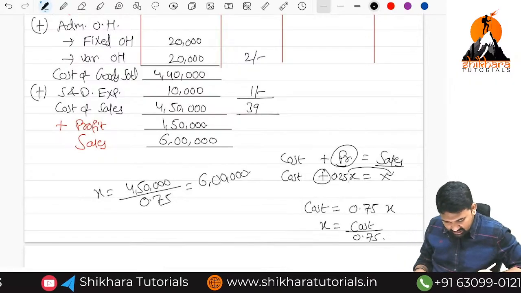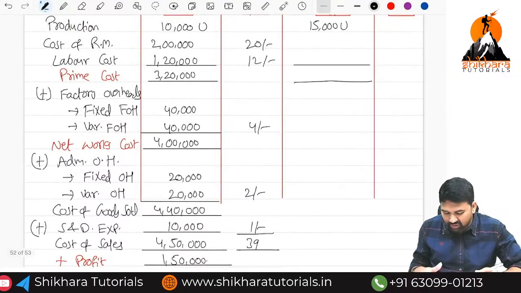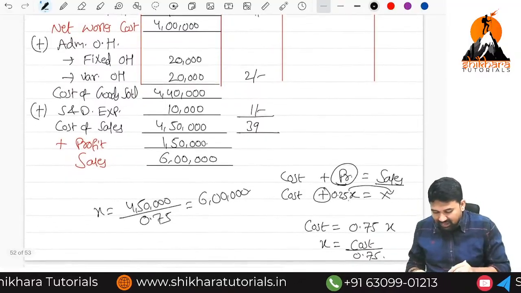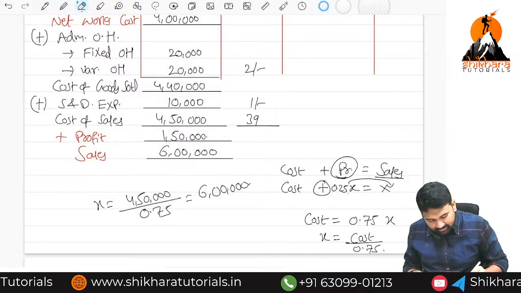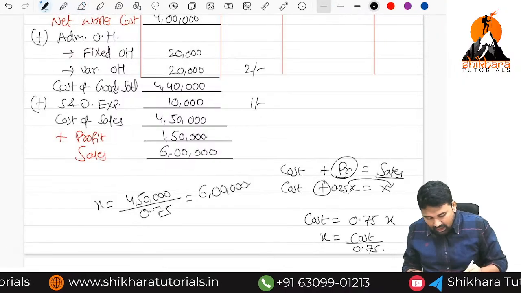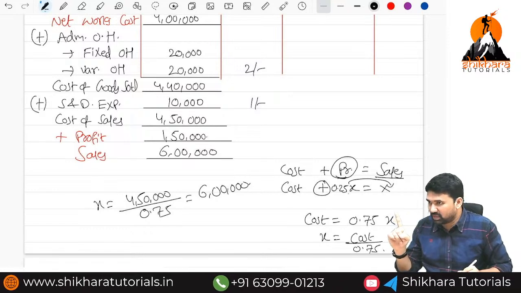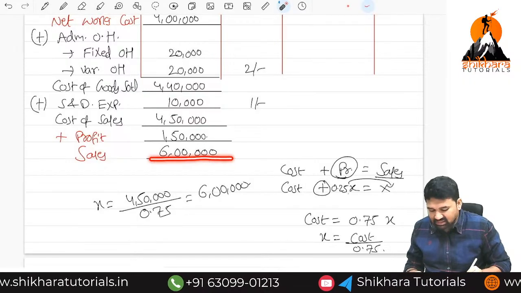Cost of sales. Okay, fixed overheads cost per unit we haven't written, right? No problem, we can directly write. How many units did we produce in 2021? 10,000 units. So for 10,000 units, what is our sales? 6 lakhs.